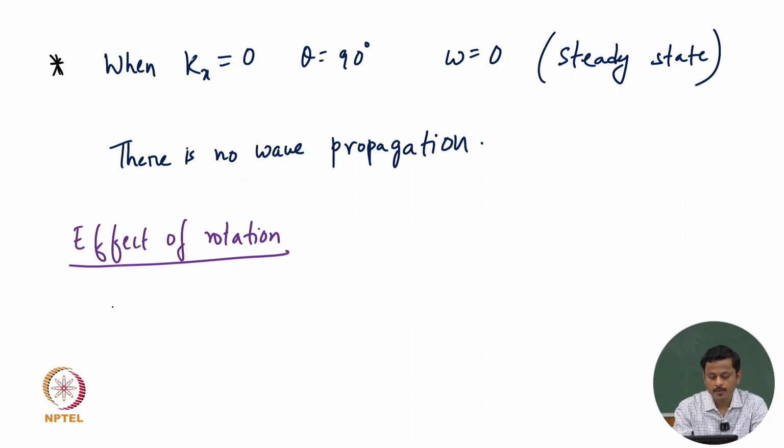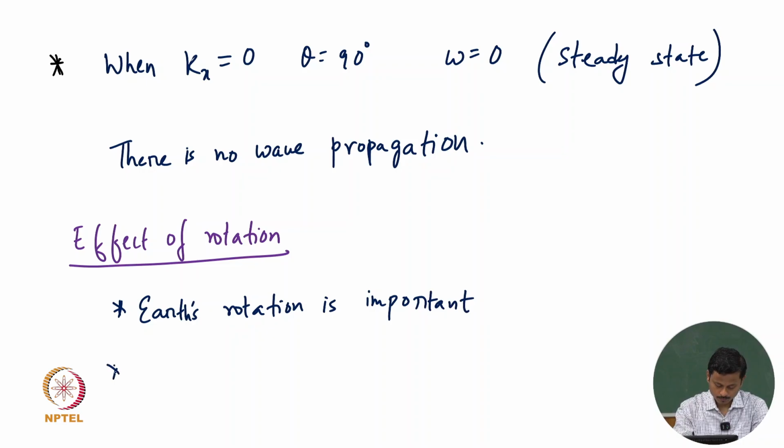So the internal waves can be of low enough frequencies to be affected by Earth's rotation. Also, we had initially assumed that the domain was infinite.